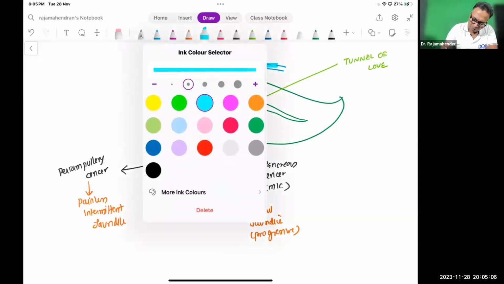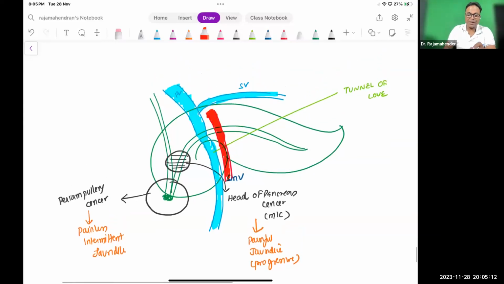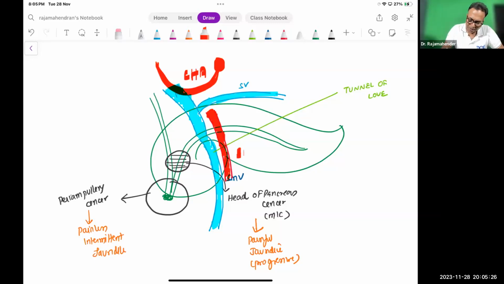Can you tell me what is this artery? This is superior mesenteric artery. And this is celiac artery. From celiac artery, this is common hepatic artery going like this. Now the cancer can infiltrate into these vessels.